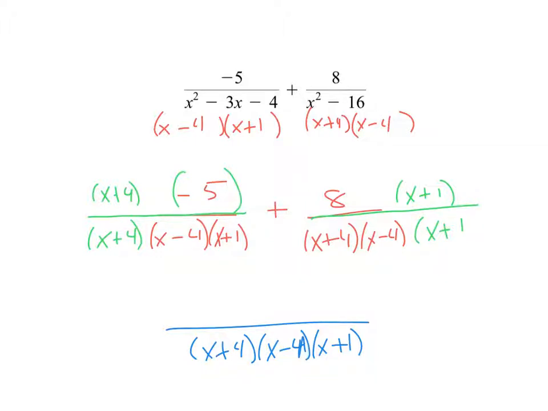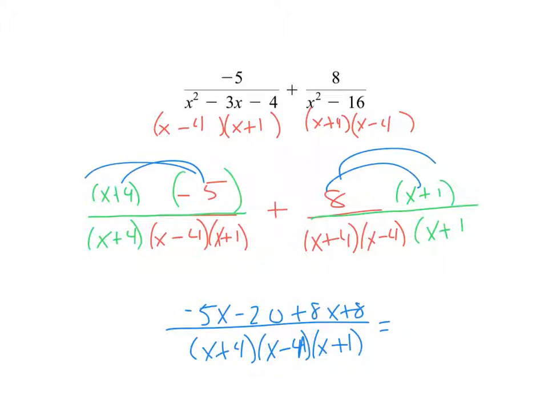And I am going to distribute the negative 5 to be negative 5x minus 20 and the 8 to be plus 8x plus 8. Combine like terms on the top, I get 3x minus 12 all over x plus 4, x minus 4, and x plus 1.